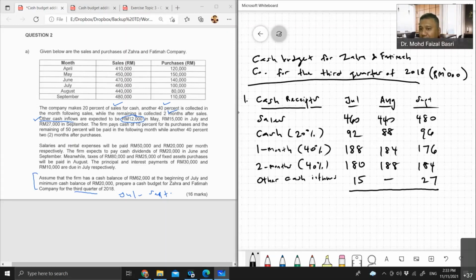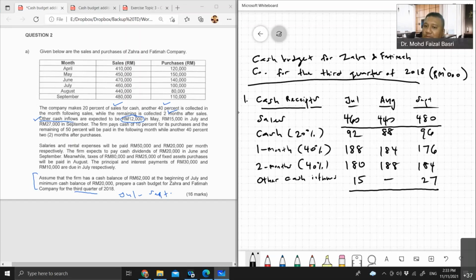So what you need to do to conclude your cash receipts, we gonna add respective months ni, berapa total dia. Okay, and to avoid confusion and to avoid double counting, besides you underline kat bawah ni, I would suggest you to underline your sales juga. Okay, you don't want to add these 3 information as part of your items because the sales value, for example, 460,000 in July ni kan, you already recorded here 92,000 for cash, 184,000 1 month later, and another 184,000 2 months later.